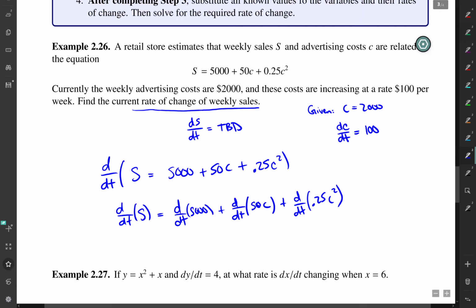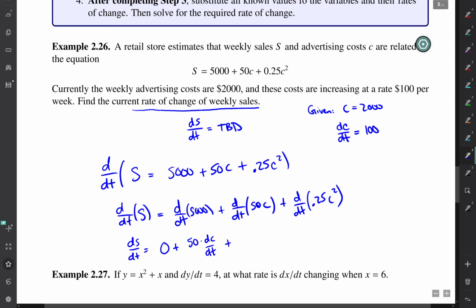Okay, and so we're thinking of each one of these things implicitly as a function of time. So S is a function of time and C is a function of time. So we get that dS/dt is equal to the derivative of 5,000, which is 0, plus the derivative of 50C, which is 50 times dC/dt, again because you're applying the chain rule. You're thinking of C as a function of t, so the derivative of 50C with respect to C is 50, and then you multiply by the derivative of C with respect to time.